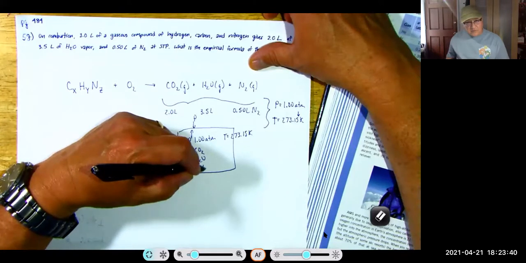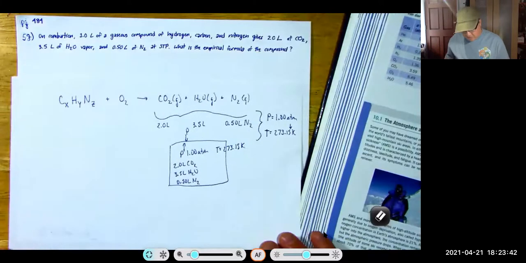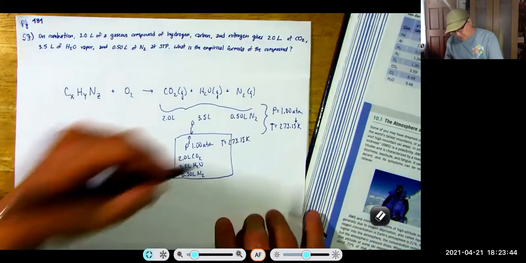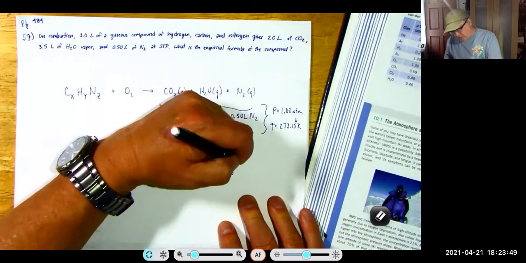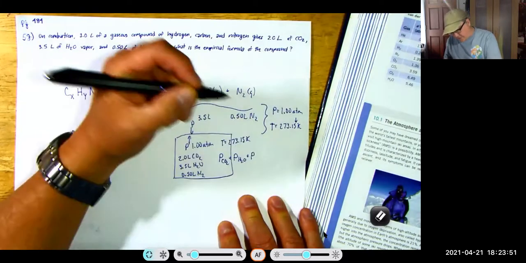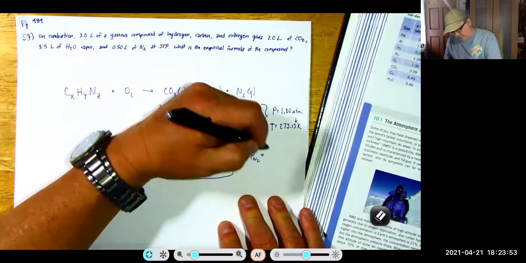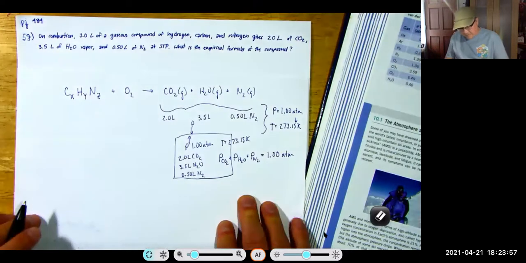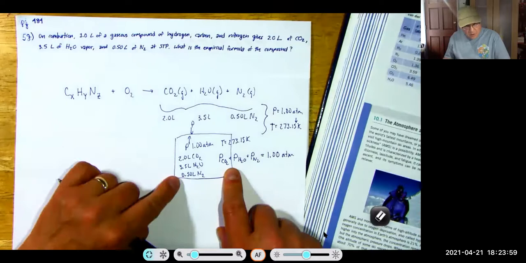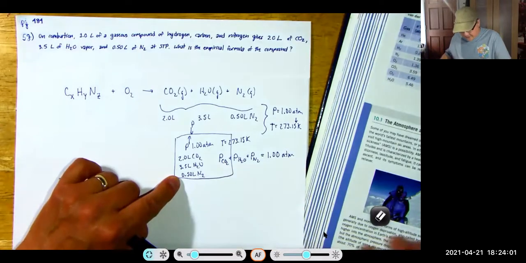And remember from Dalton's law of partial pressures, the partial pressure of CO2 plus the partial pressure of H2O plus the partial pressure of N2 has to equal 1.00 atmospheres. The sum of the pressure of each gas, which is the partial pressure of that gas, is the total pressure.